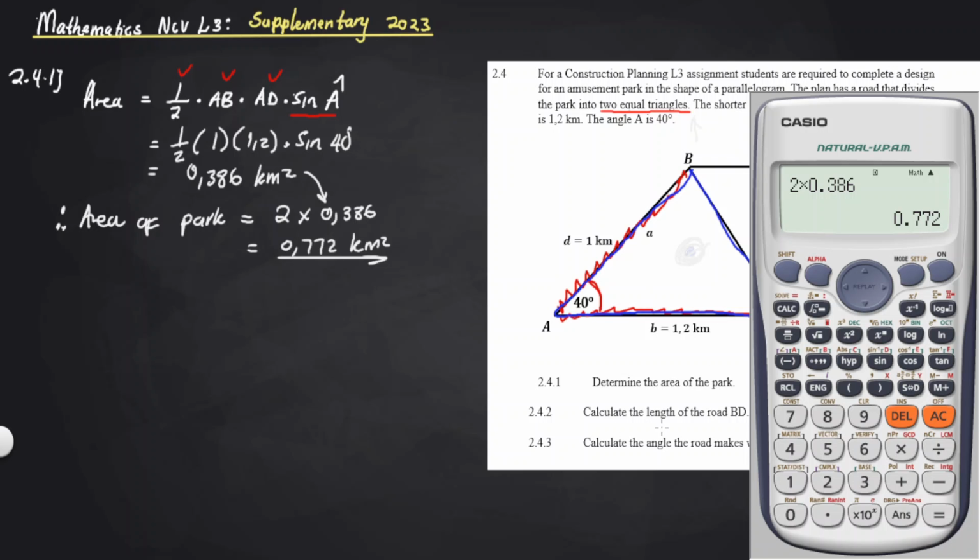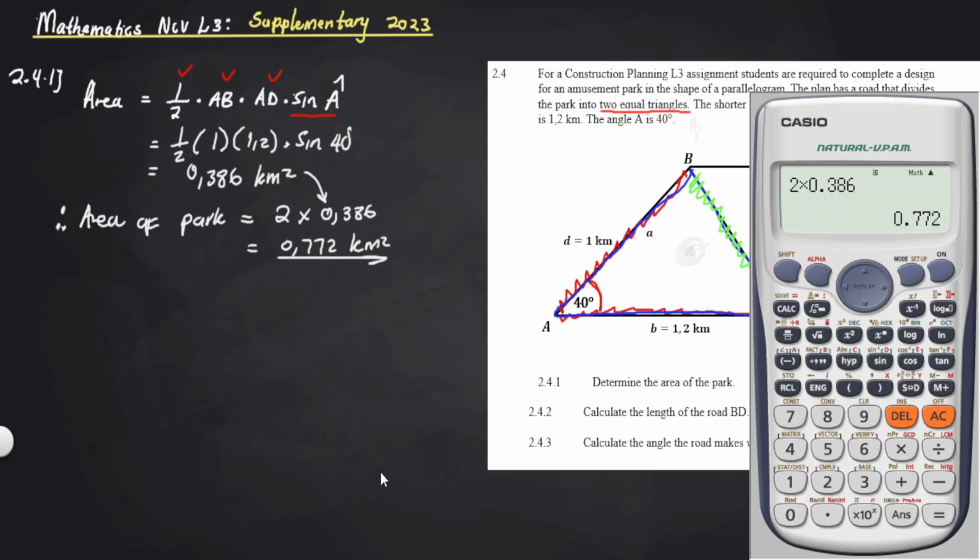Now 2.4.2, calculate the length of the road BD. Let me highlight this. I want the green path, the green road length.